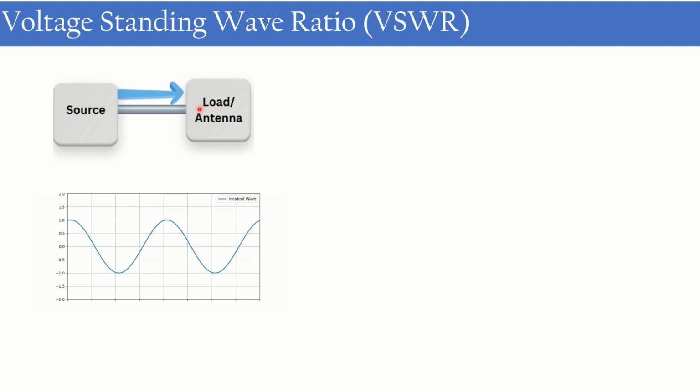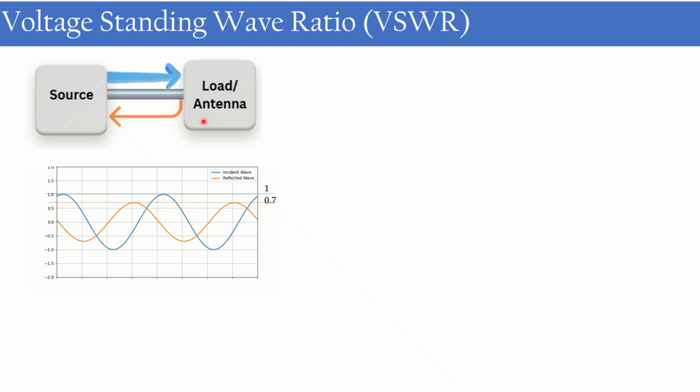Depending upon the impedance matching between the cable and the antenna, some part of the power will be reflected back. Let's assume that my antenna is not matched to this feed cable and around 70% of the power is getting reflected back. The blue wave is coming from our feed, and the orange one is what is getting reflected from the antenna due to the mismatch.